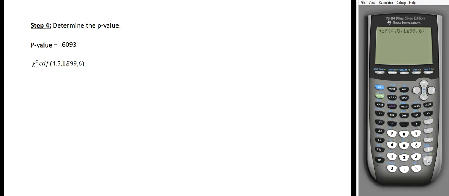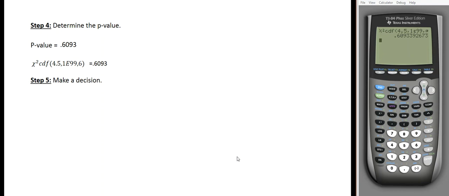And then paste, and all we have to do is press enter, and notice that we get that same p-value. So again, depending on what functions your calculator has, you can use one or the other. If your calculator has that GOF test, you don't have to do both, just do one. I just wanted to show you how to do both. Okay, so notice that these are the same, so that's your p-value.